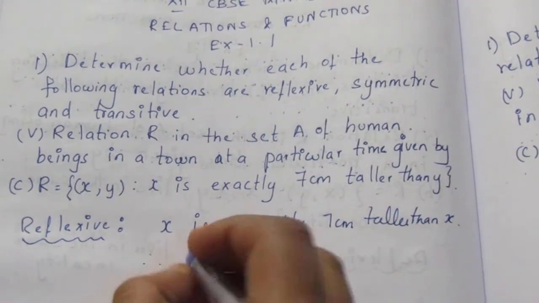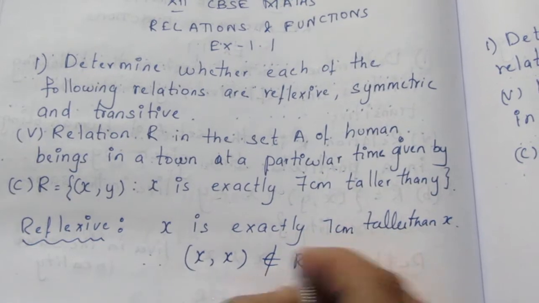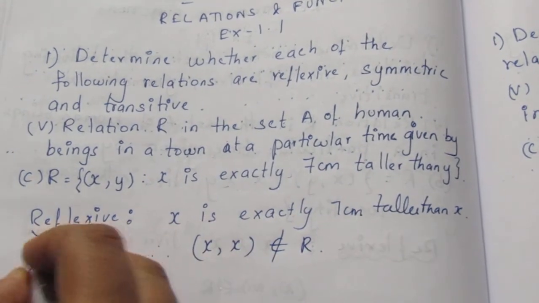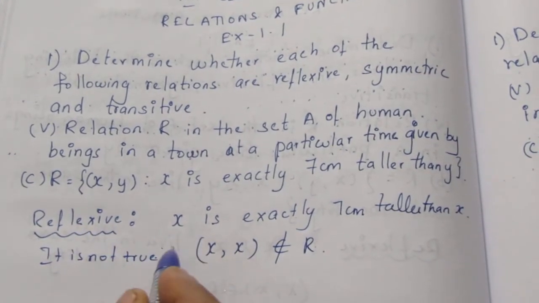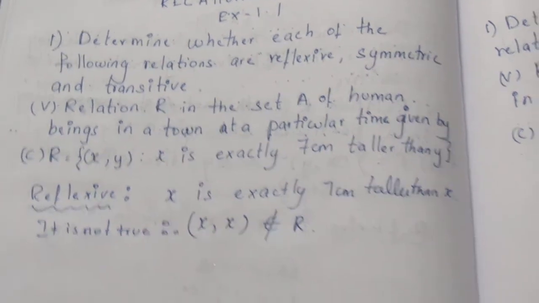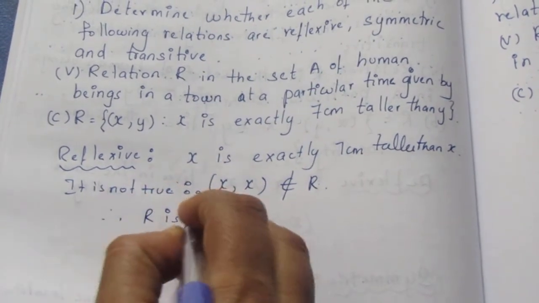So therefore (x, x) does not belong to R. This does not satisfy our condition. It is not true. Therefore, we can say that (x, x) does not belong to R. So, therefore, R is not reflexive.